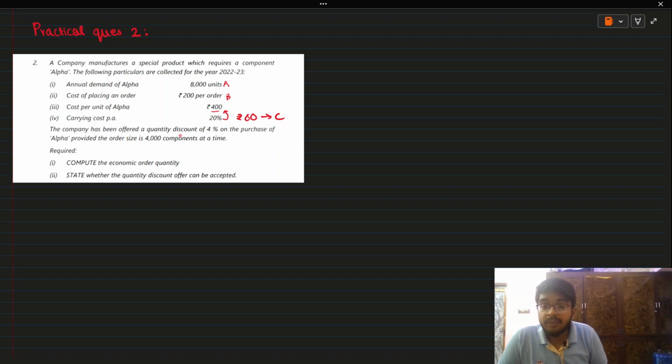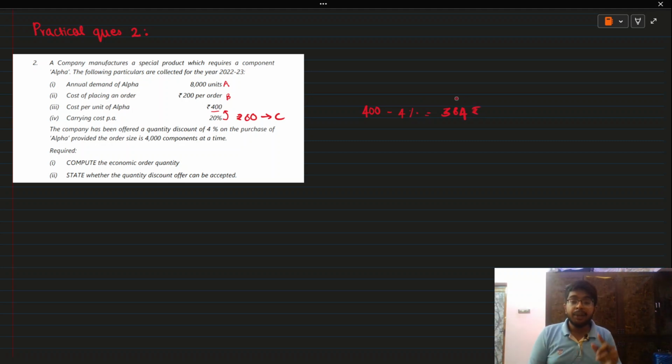The company has been offered a quantity discount of 4 percentage on the purchase of Alpha, provided the order size is 4,000 components. If we order 4,000 units per order, what will be the quantity discount? 400 rupees is the cost per unit minus 4 percentage comes to 384 rupees.